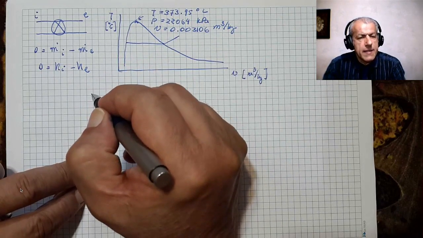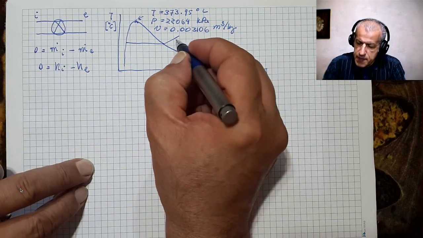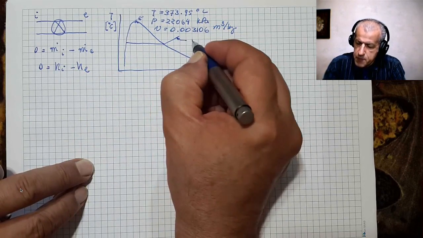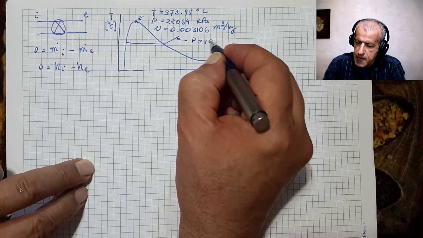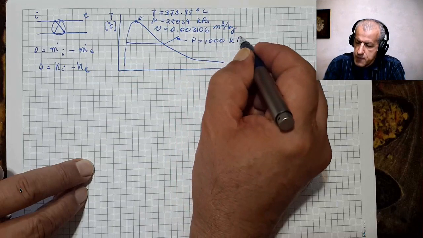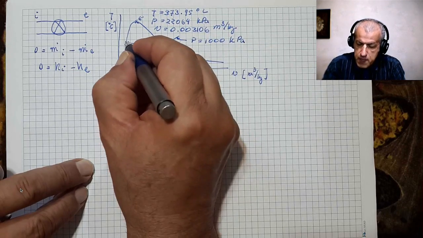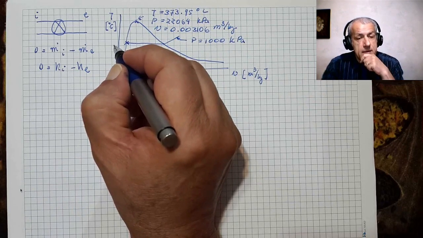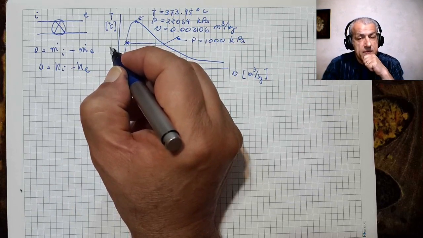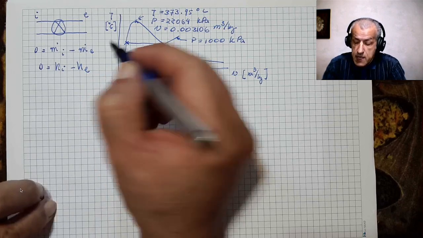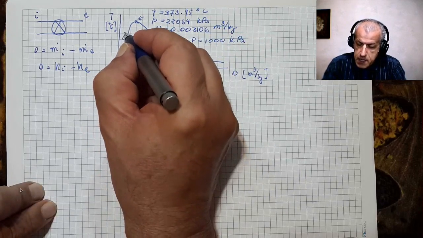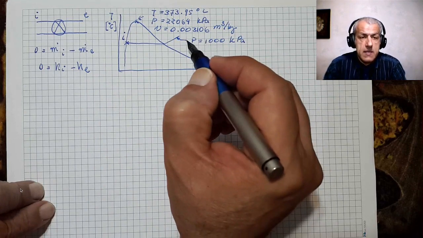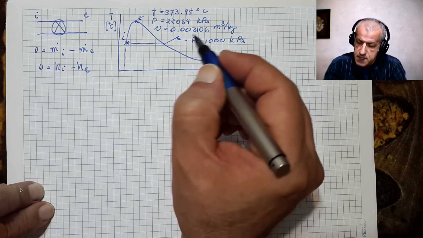Now, we assume that we have a line here, which is 1,000 kilopascals. So on this line, P equals 1,000 kilopascals. And we assume that we have saturated liquid here. Okay, so the inlet condition I is saturated liquid at 1,000 kilopascals.